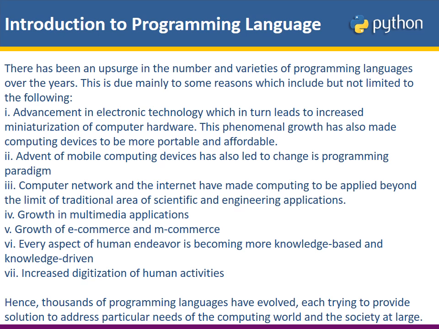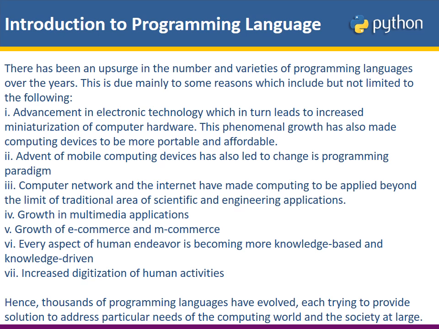And another one is computer network. Computer network and internet have made computing to be applied beyond the limits of the traditional area of scientific and engineering application. So over the years, we can see computer network and internet have made computing easier to apply in the area of scientific and engineering application.